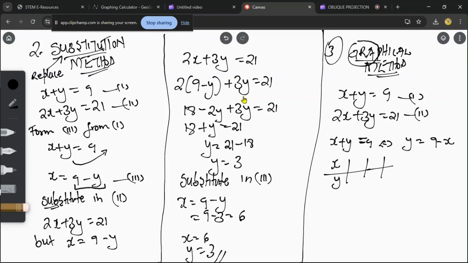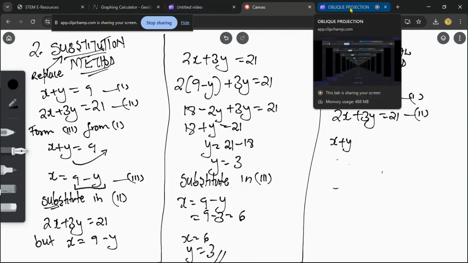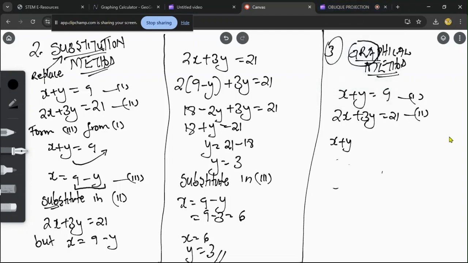Let me write this one here down. Here, I want to be left with one of the variables on one side. So you have the first equation, which is x plus y equals to 9.